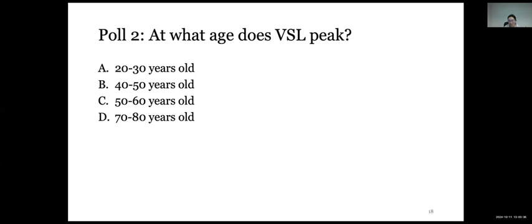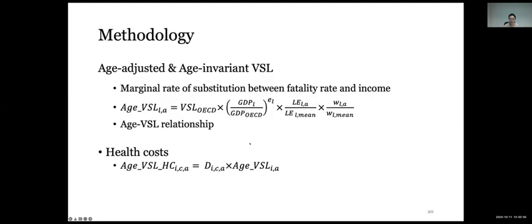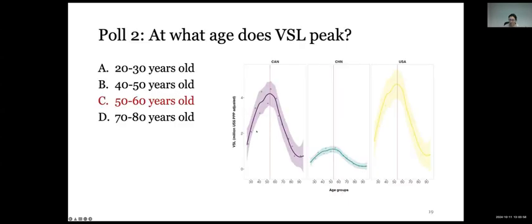But given the higher age for retirement, I believe if you reconduct this study, it's probably going to increase a little bit as well. So basically, in this study, we found that the value of social life peaks at 50 to 60, and this is definitely the interaction between life expectancy, life quality, and people's wealth.